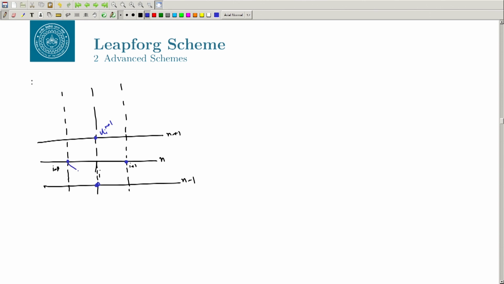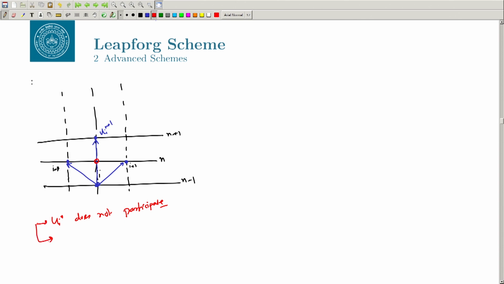So, these 3 will participate in getting the value at u_i^(n+1). And interestingly, you will see that u_i^n does not participate.